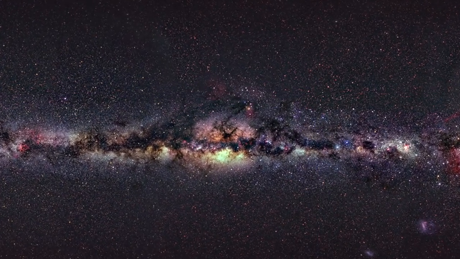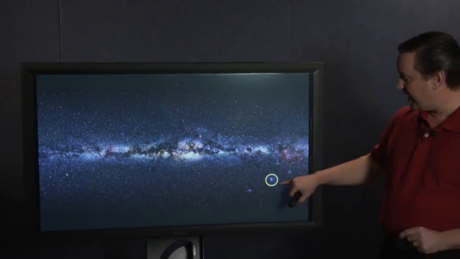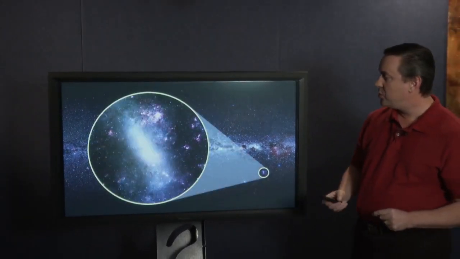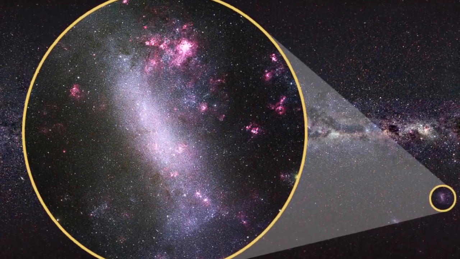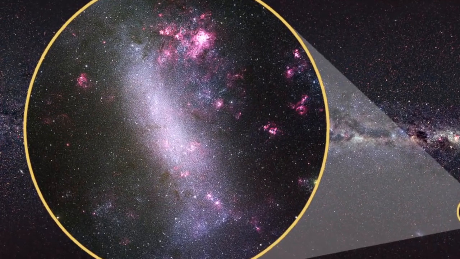But the Milky Way isn't the only galaxy we can see in the night sky. We can actually see several galaxies with the naked eye. For example, this object right here, this is what we call the Large Magellanic Cloud. It is a satellite galaxy of our Milky Way galaxy.